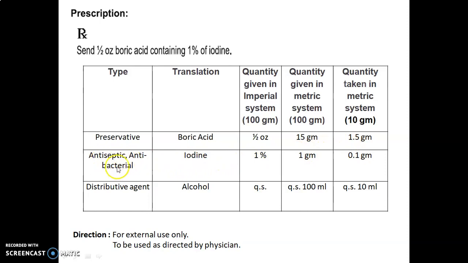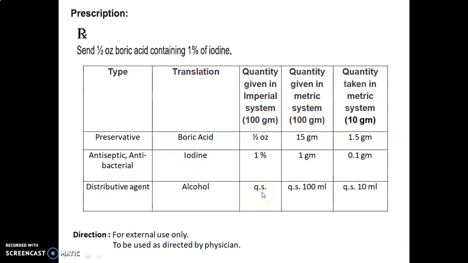Iodine is used as antiseptic and antibacterial. Quantity given in the imperial is 1%. As we know, 1% is 1 gram in 100, so for preparing 100 gram, 1 gram quantity should be given in the metric system. So taken quantity should be 0.1 gram. This is also calculated with the help of the factor. Alcohol is used as a distributive agent to dissolve or solubilize this iodine.